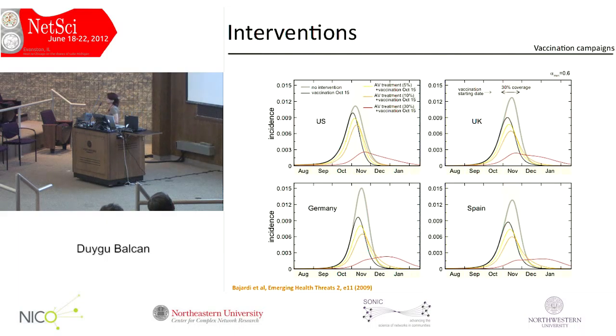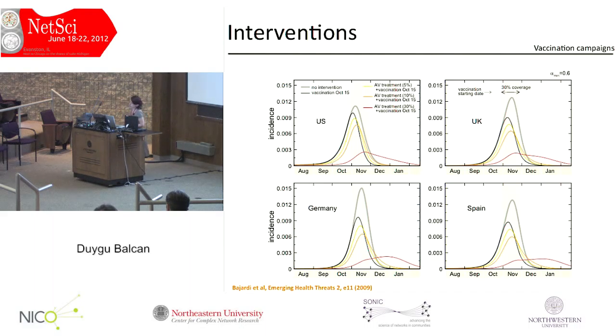Okay, this doesn't, of course, tell you that we should not vaccinate. Vaccination is very important, but it has to be done timely. So if you are able to immunize a fraction of your population early in the pandemic, then you could even stop the spreading.